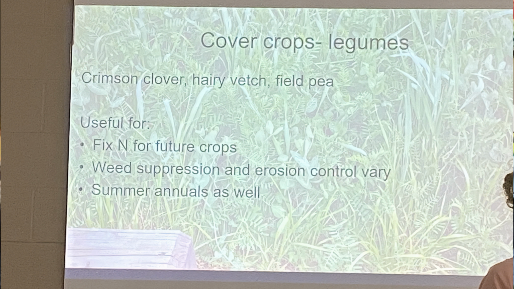Cover crops, legumes: crimson clover, hairy vetch, field peas, useful for future crops; weed suppression and erosion control vary. Summer annuals are actually good cover crops too.